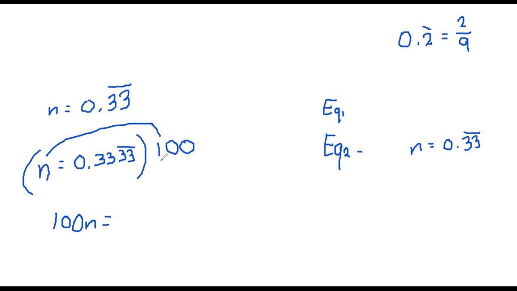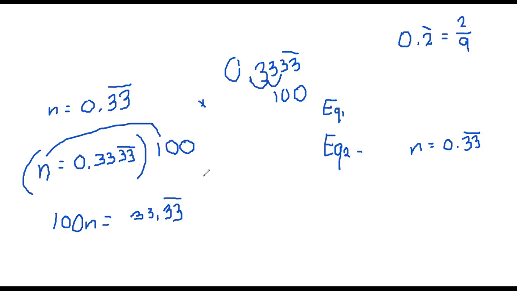Then, equals to, so, yung 0.33, I-multiply din natin kay 100. So, pwede mo namang i-move na lang ng dalawang decimal places yan. Magiging 33.33 siya. So, move na lang kayo.